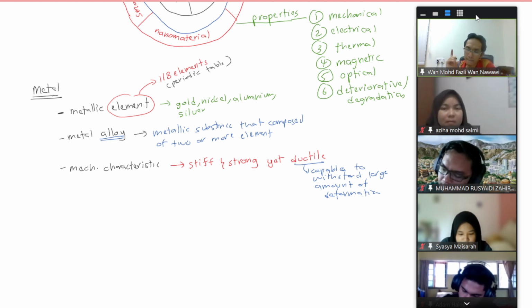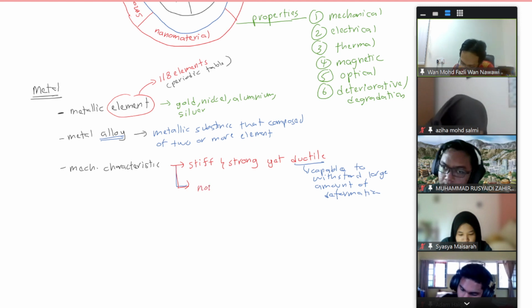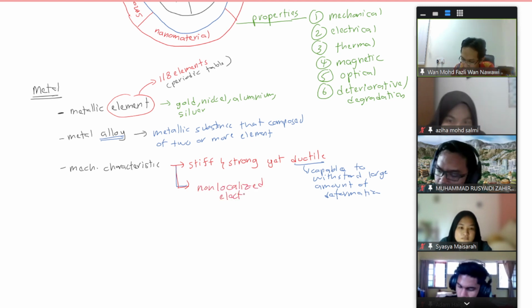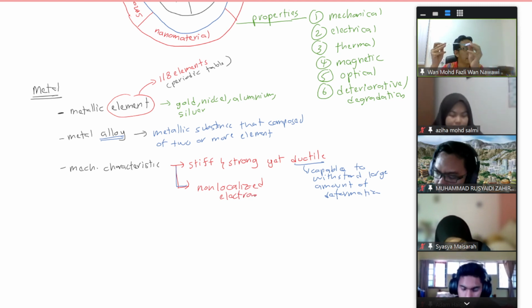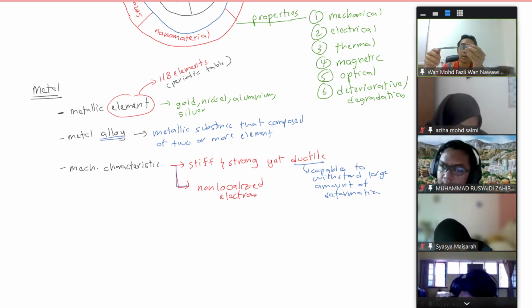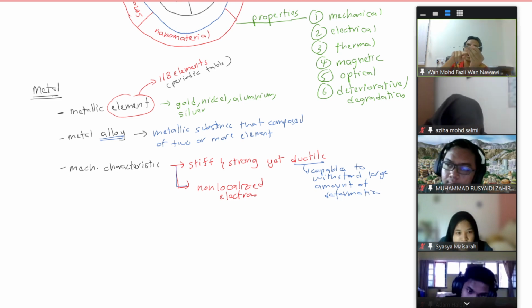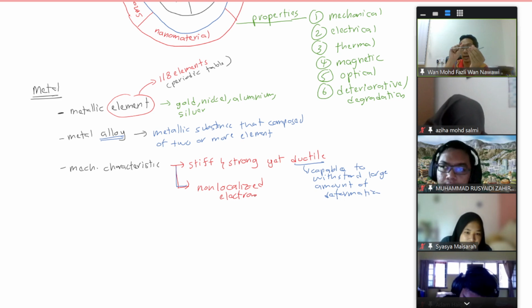And metal also has non-localized electrons. What does this mean? If you look inside this spoon at the atoms, you know an atom has electrons around it. Normally for an element, the electron stays with the atom itself.